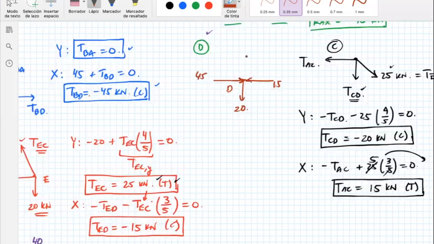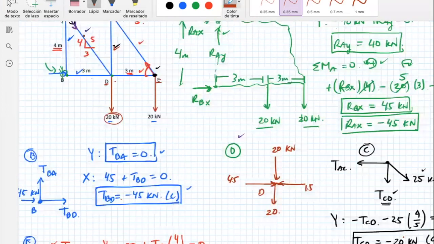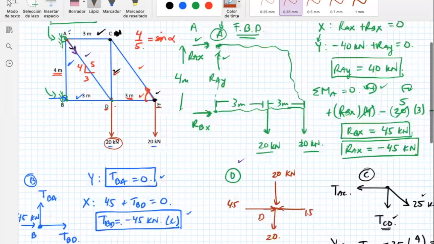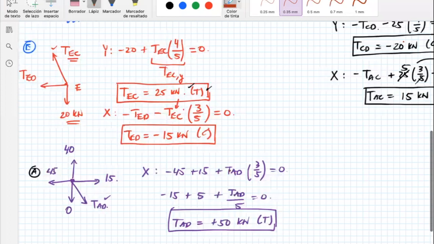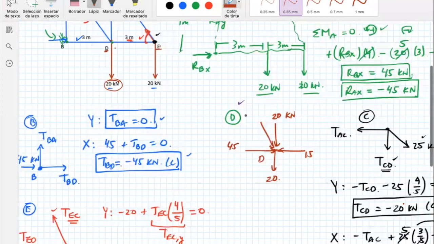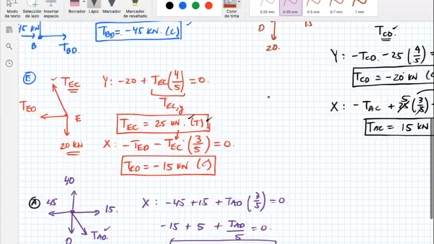We got it there, and it's compressing the joint. Here it says compression, so it's compressing the joint. And finally, this diagonal that was called AD. I'm going to put here TAD, but we already have it as a number, it was 50. This one over here was 50. Let's see, it's in tension.